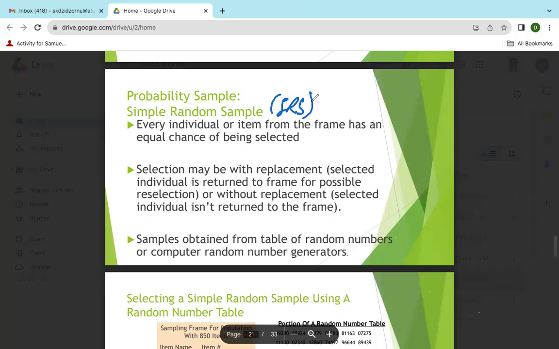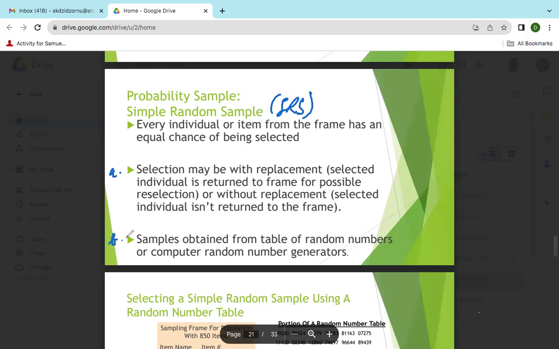Now, there are two types of simple random sampling. We're looking at probability sampling. The first sampling method under probability sampling is simple random sampling, which we've explained. Now I'm looking at the subtypes of simple random sampling.